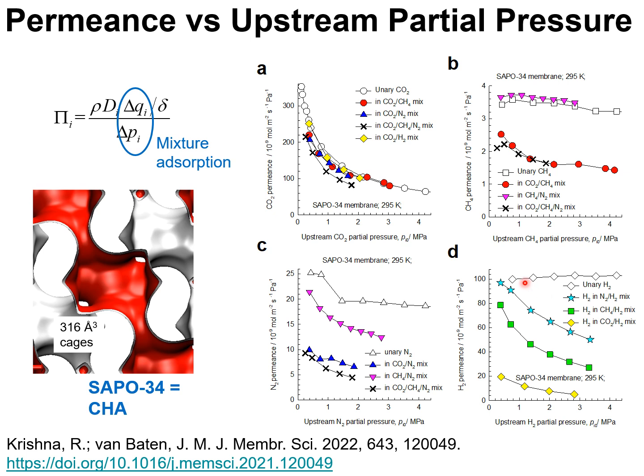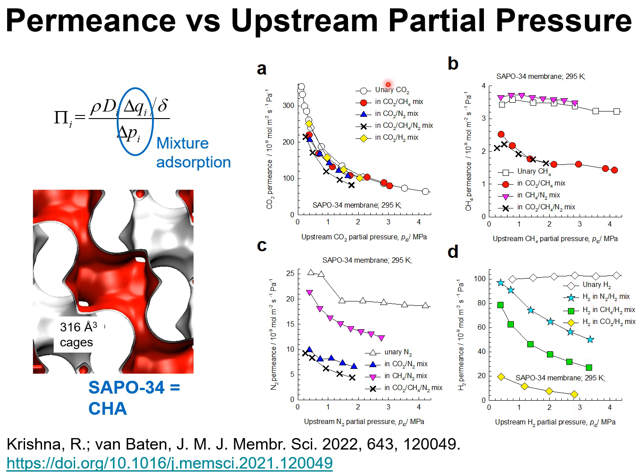Hydrogen is the least strongly adsorbed molecule, and the component permeances in mixtures with nitrogen as partner, with methane as partner, or with CO2 as partner are all significantly lower than the unary permeance because of competitive adsorption effects.